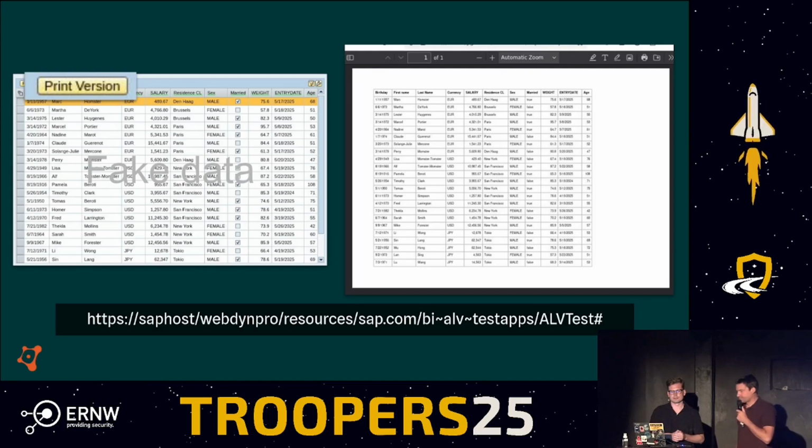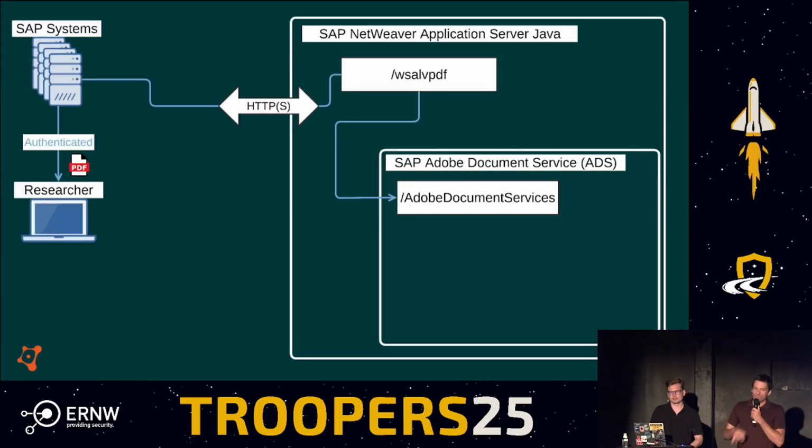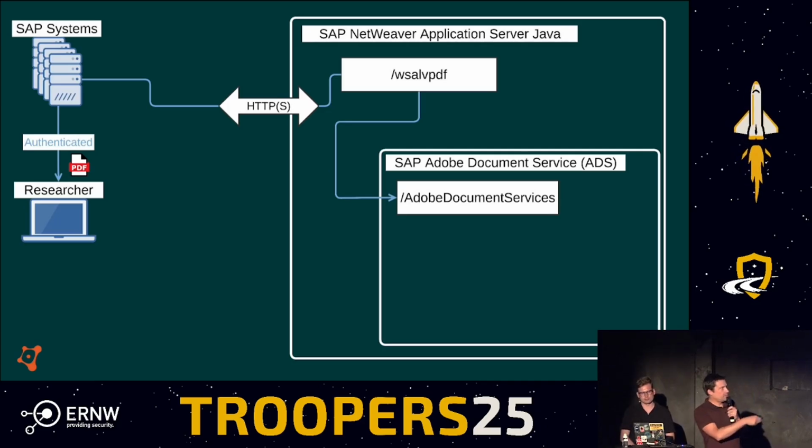And at the end of the day, we are able to have this PDF. Okay, great. So we start to sniff what comes to the web services, etc. As a researcher or normal user, I'm connected to a SAP system. This is what we show on the left. And we see that they communicate with the WSILV PDF. This is the web service we discovered.